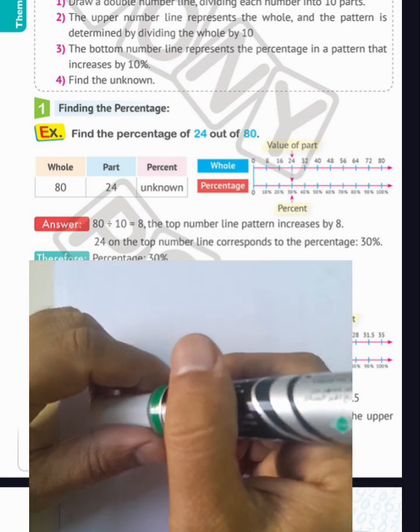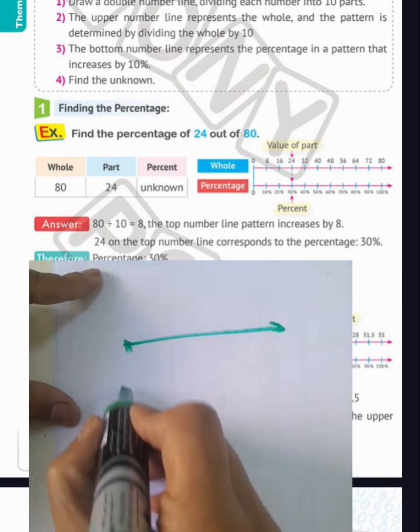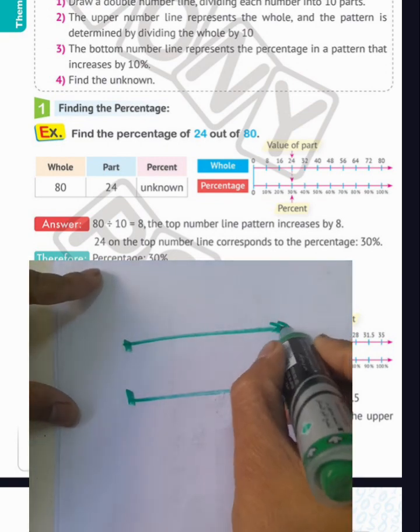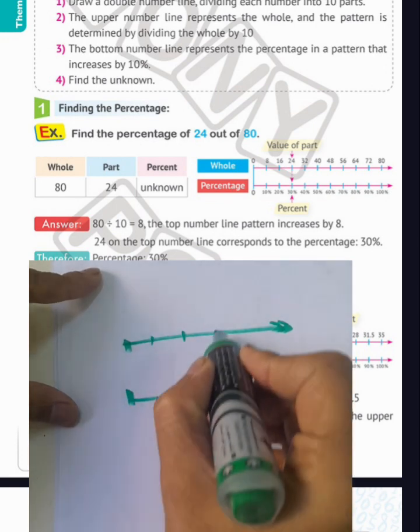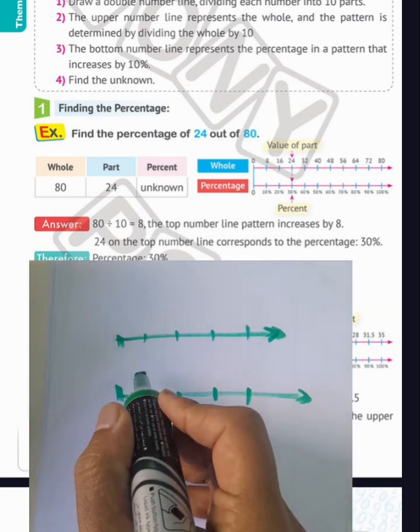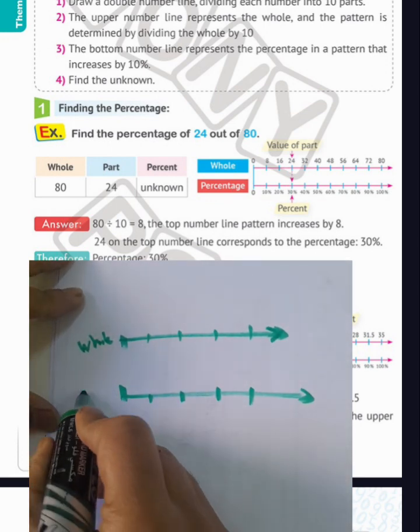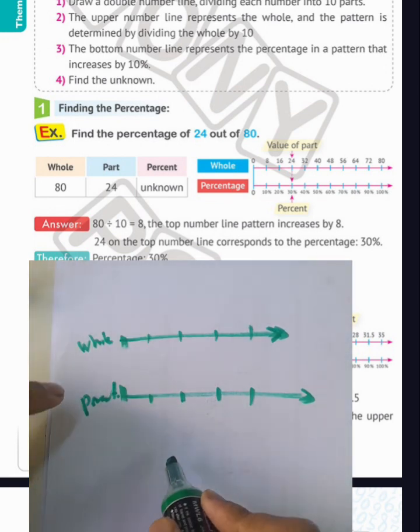What about this example? How do we solve this example here? First, he will draw 2 parallel number lines and divide them into equal parts, like this. And next, first here refers to the whole number, and here the percentage. Okay, the whole number and percentage.